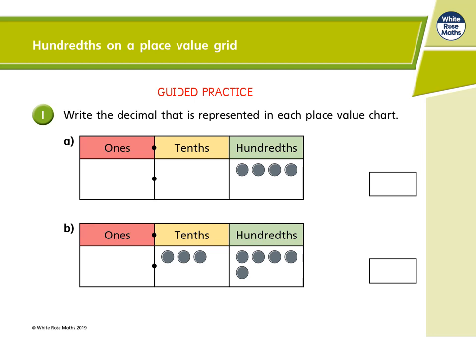Right, lovely. We are now on to our guided practice, and our learning objective for today is hundredths on a place value grid. So we're going to write the decimal that is represented in each place value chart. For A then, I can see that there are no ones, there are no tenths, okay? So when I am writing that as a decimal, I have 0 ones, 0 tenths, but I do have hundredths.